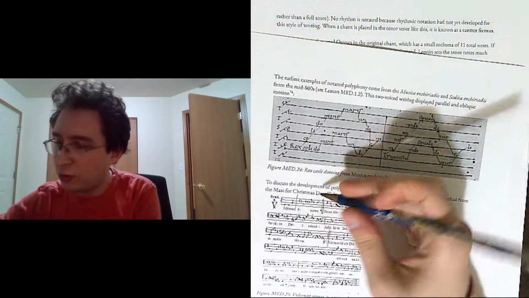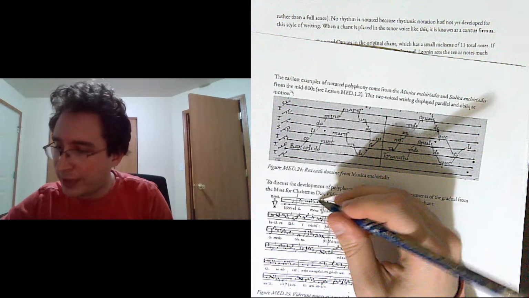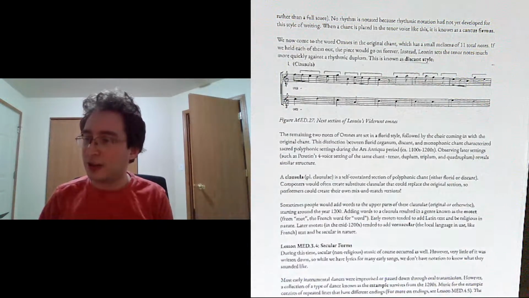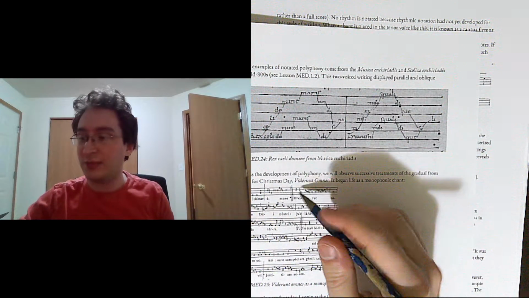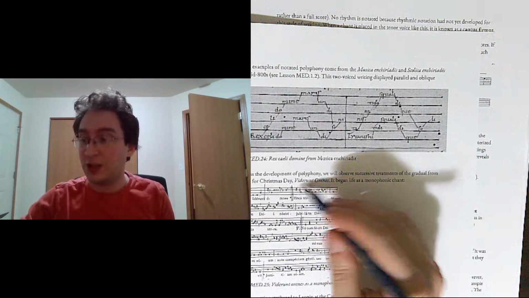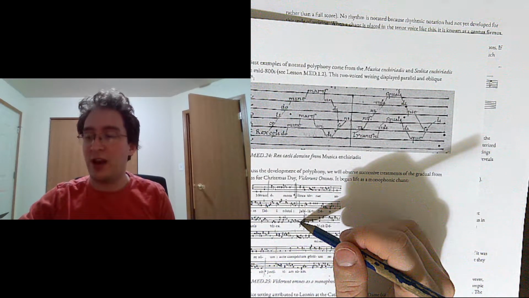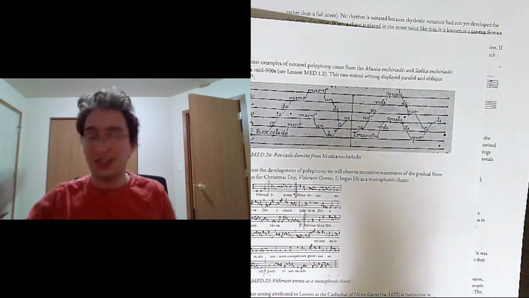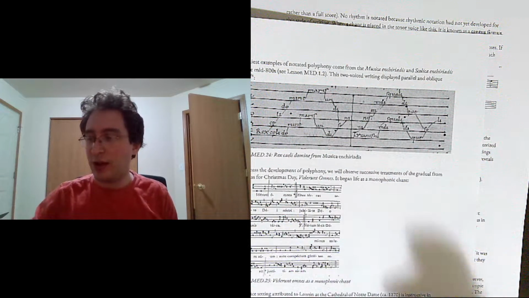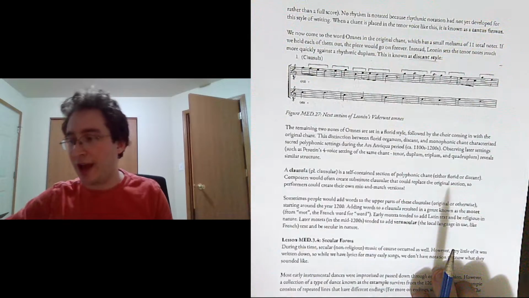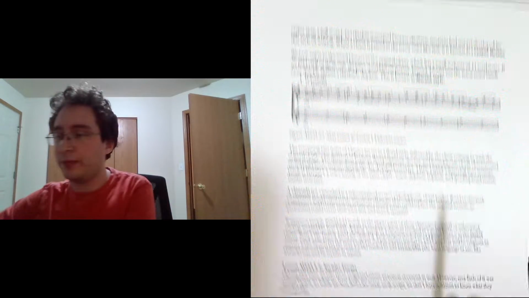So then there are two notes left of omnes that he sets in a florid style, and then the choir comes in the original chant, and the choir also comes in Leonin's version, and they sing just the original monophonic chant. When it goes back to the soloist, it keeps flipping back and forth between florid organum and discant, and then when the choir comes in at the end, it is again choir in Leonin's version.